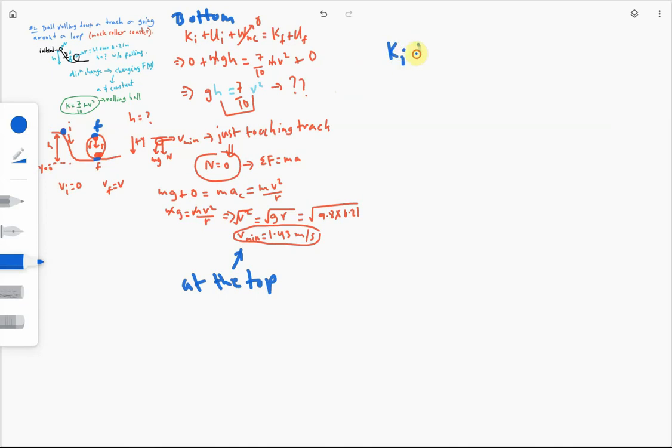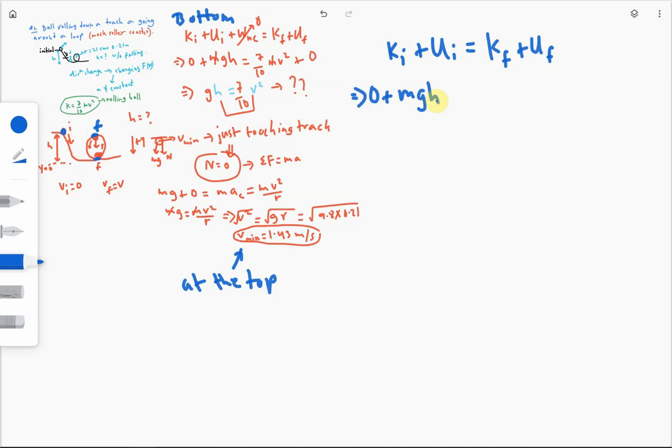So Ki plus Ui equals Kf plus Uf, and let's just ignore non-conservative work because there isn't any. What is Ki? The ball started rolling from rest, meaning that initial kinetic energy is 0.